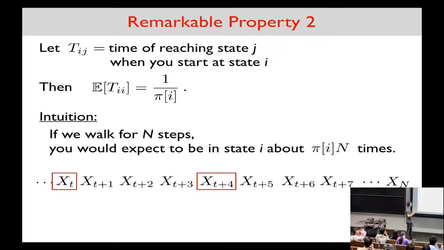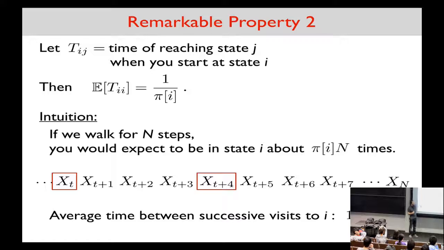So if it's 1 over 4, every fourth of the guys is going to be the red one, the state I guy. And the average time between successive visits to I, you would expect it to be like 4 if this was a 1 over 4 chance.